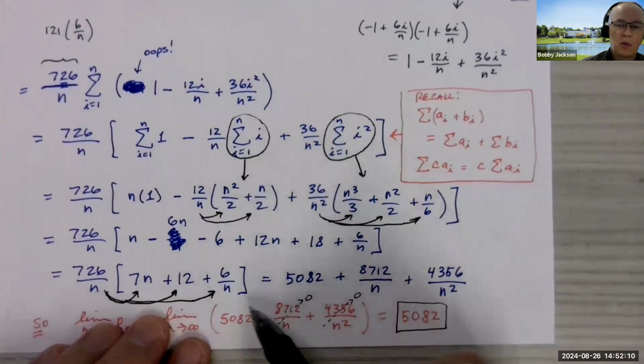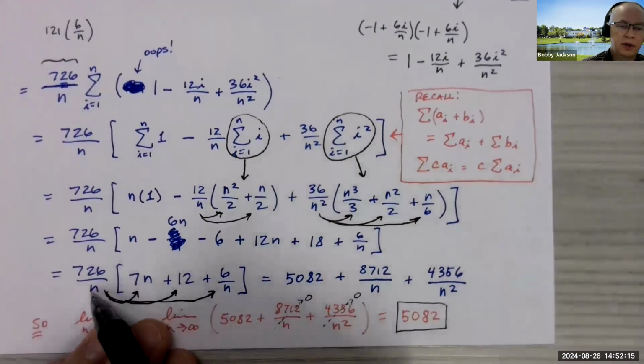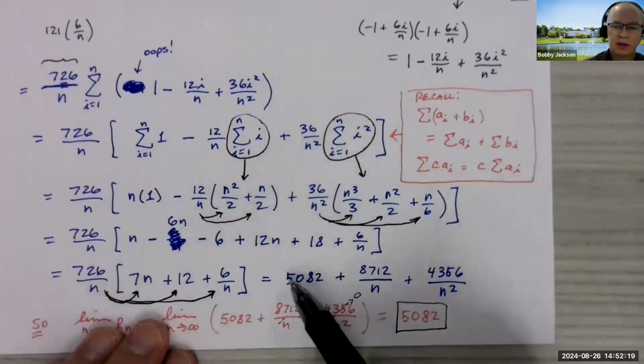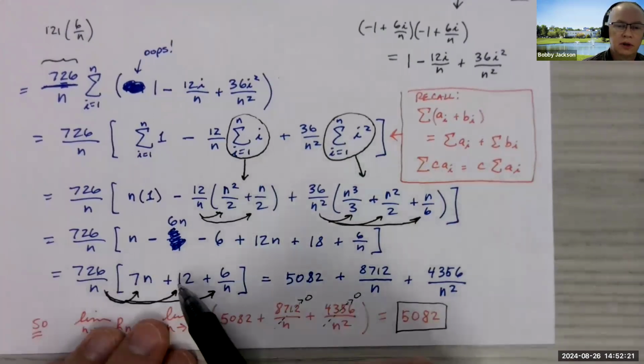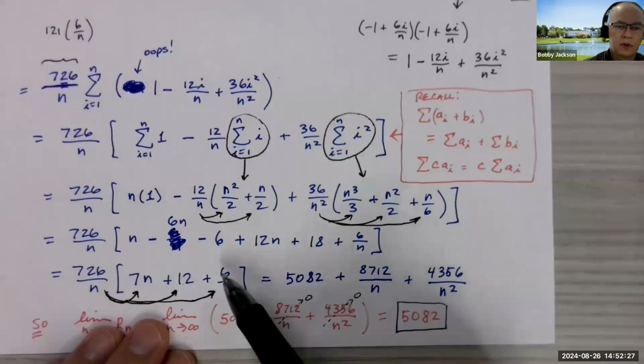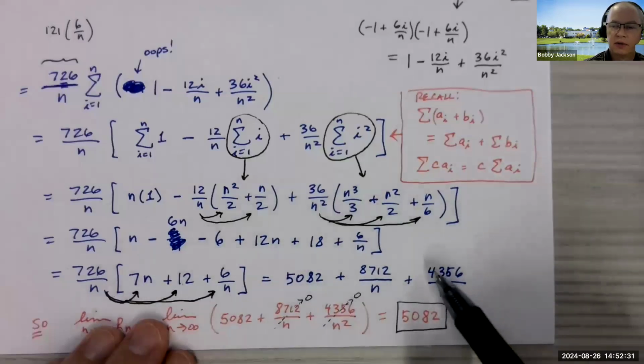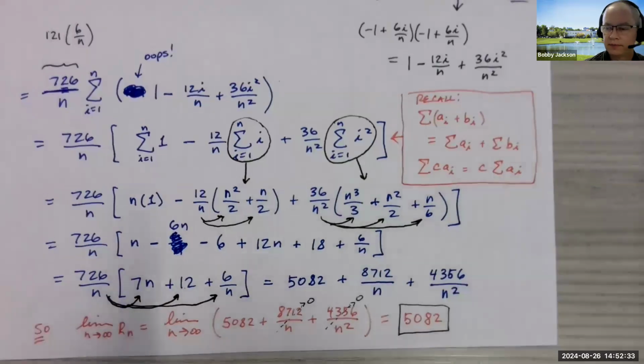It would behave the same way, and you would end up with the same final result that I have here. So 726 over n times 7n, the n's cancel. 726 times 7 is 5,082. 12 times 726 gives me 8,712 divided by n. 6 over n times 726 over n gives me this quantity over n squared.